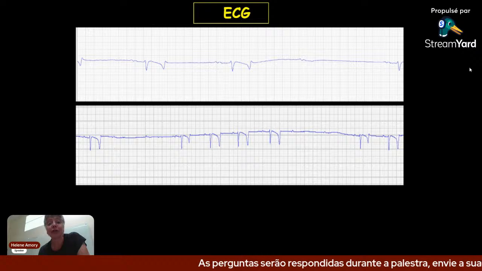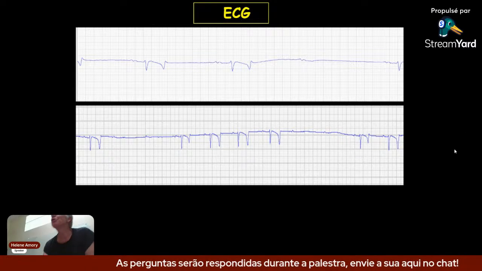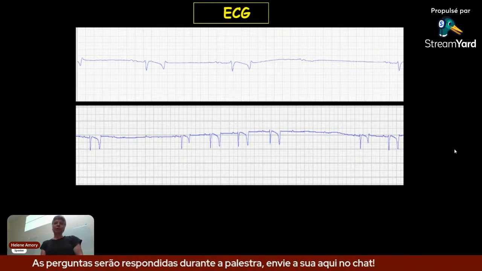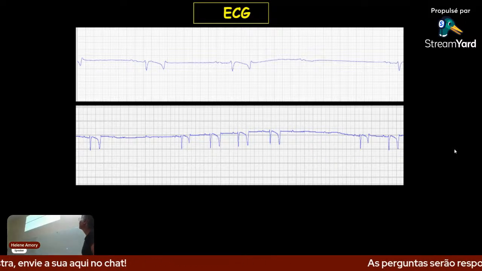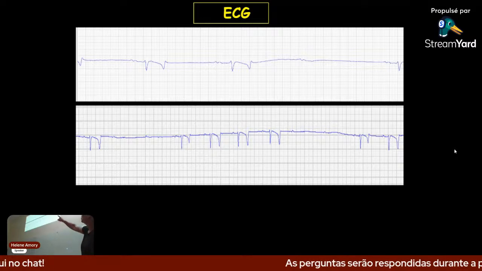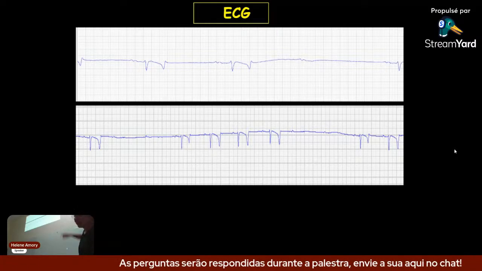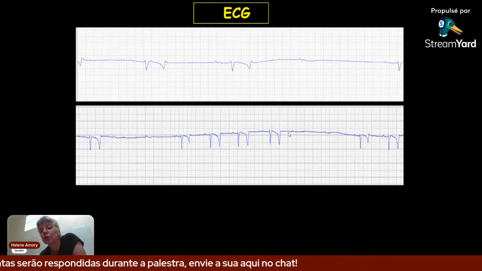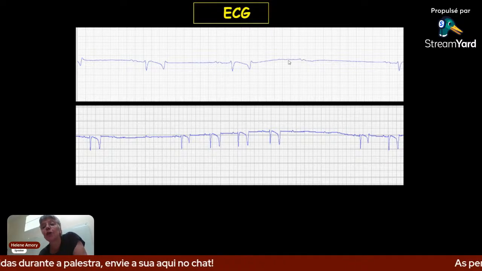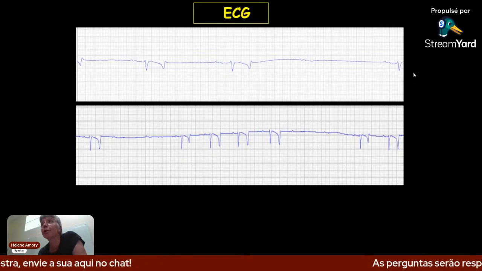On the ECG, we didn't develop the arrhythmias, but we have an idea of what we see. Indeed, regular rhythm, and sometimes there are some missing beats, and if you look closely, there are P waves without QRS complex after.